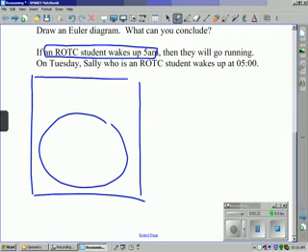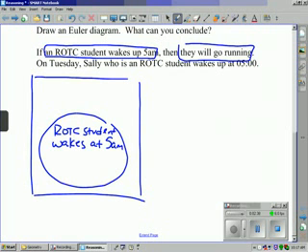And our hypothesis here is an ROTC student wakes up at 5 a.m. And our conclusion, they will go running, is the outer part of our Euler diagram. So I'll put running here.